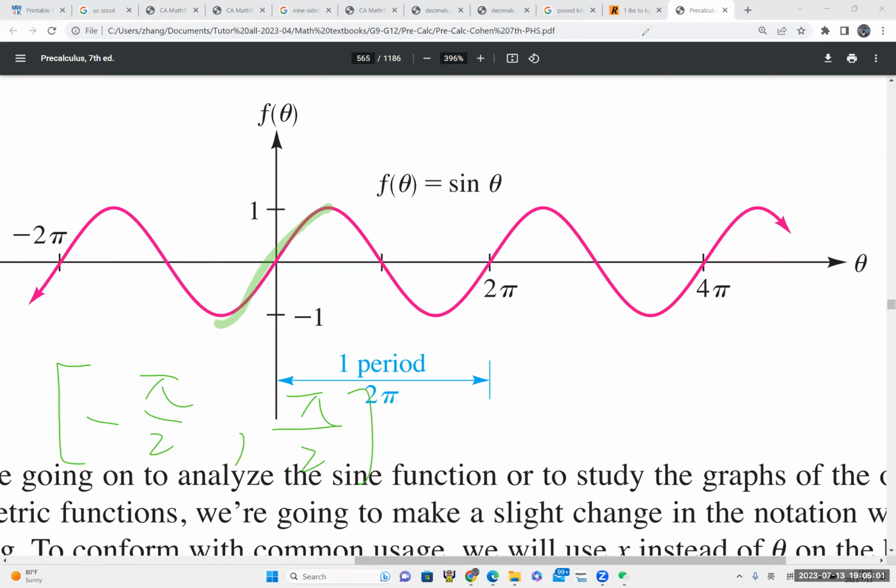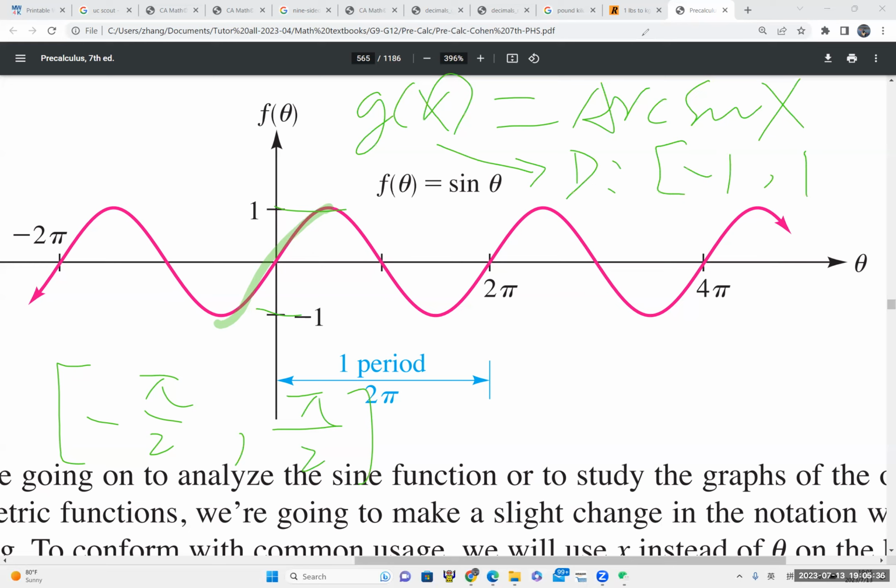So that means if I call g of x, which is arc sine x, then its input is a value instead of an angle. So of course it's from negative 1 to 1. So its domain is negative 1 to 1.